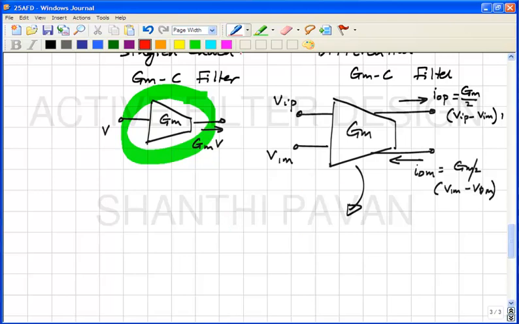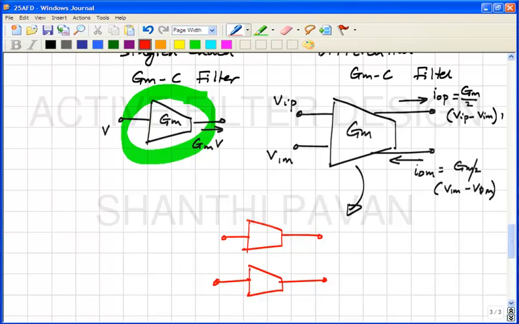One way of realizing the differential operation is to simply use two single-ended halves, which is exactly what you did in your assignment. You just copy paste an entire filter, run it with an inverted version of the original signal, correct, and then look at the difference between the outputs of the two filters.